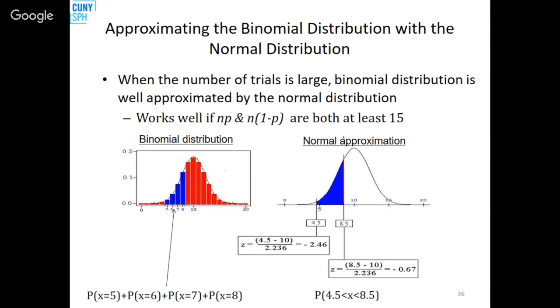Whereas for the normal approximation, everything in between, not just the integers, has a probability, so you have to calculate the probability along the interval as we practiced for the normal distribution. And we would take halfway between the integers, so go from 4.5 to 8.5 instead of just 5, 6, 7, 8.